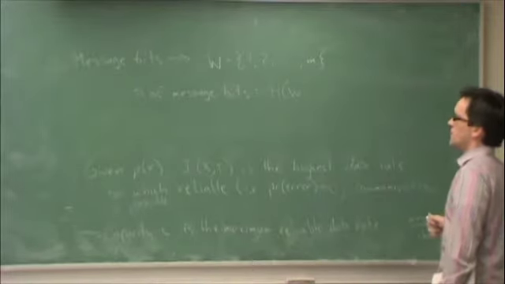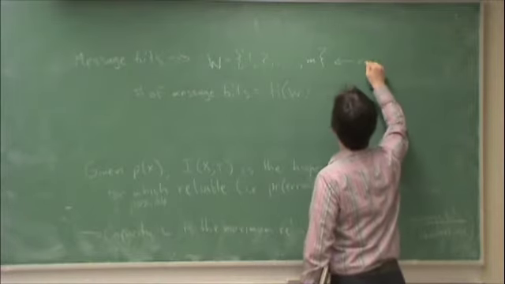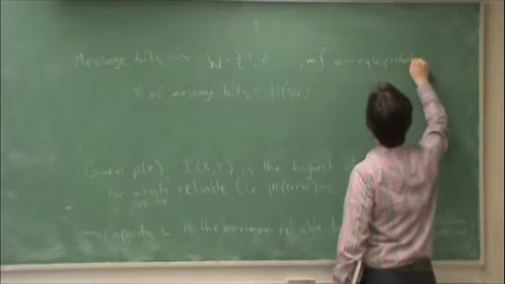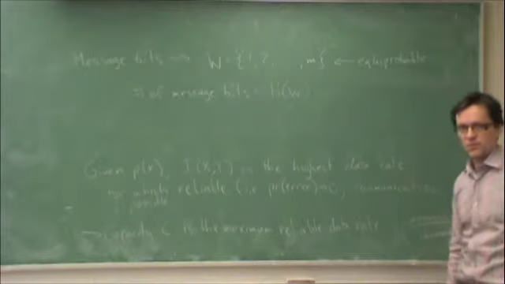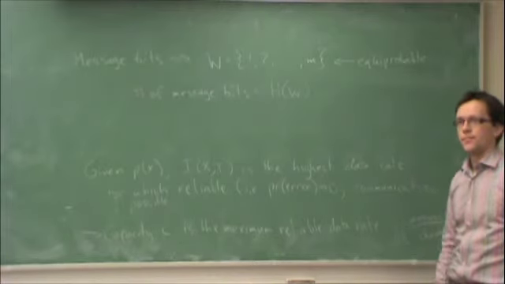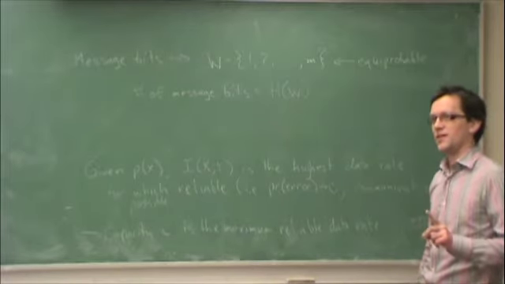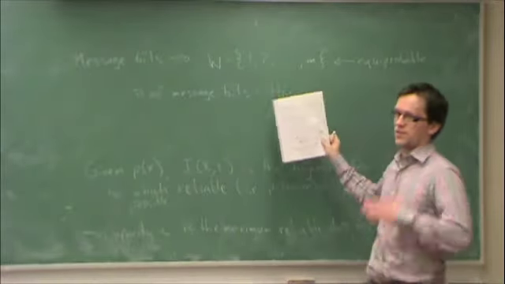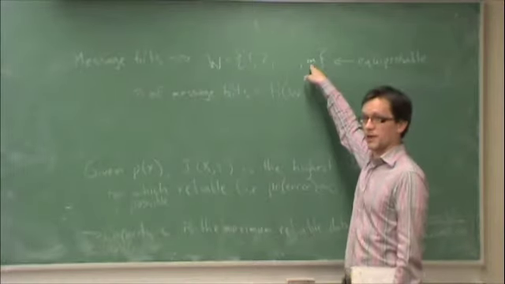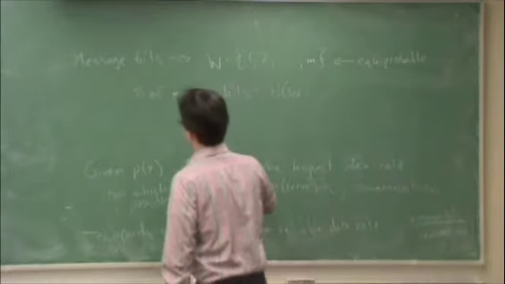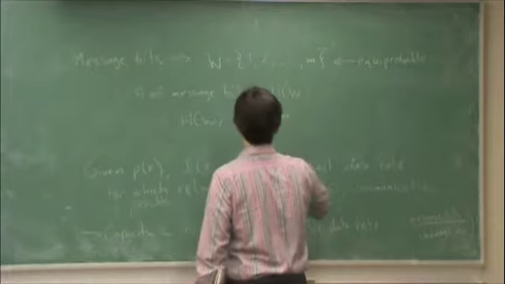Now, from this moment on, we're going to assume that all of the messages are equiprobable. If all of the messages from 1 to M are equiprobable, what is the entropy? 0? No. That's if all the probability mass is on one element. If they're all equiprobable, that's maximum entropy, which is actually log 2 of M. So if the messages are equiprobable, H of W is equal to log 2 of the number of messages.